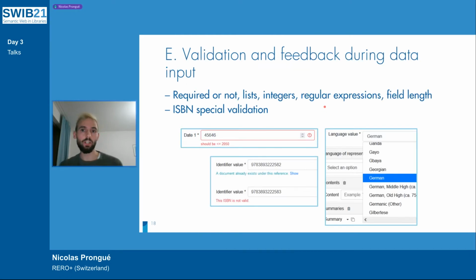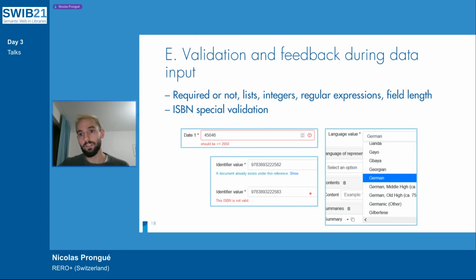One big advantage of this editor is that it can give direct validation and feedback to the user when the person is typing. Here, three basic validations: here on a date, here on an ISBN, and there on the right, on a language list.